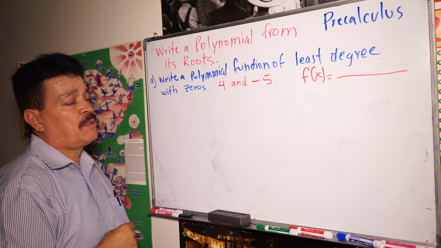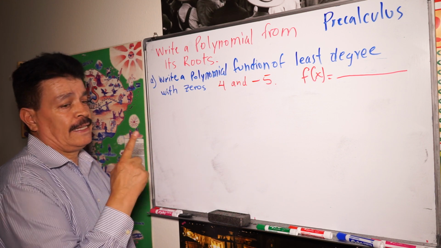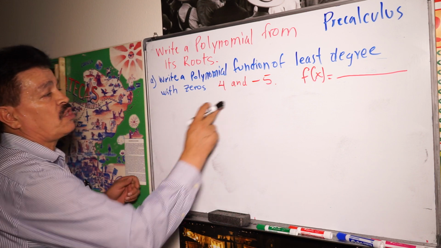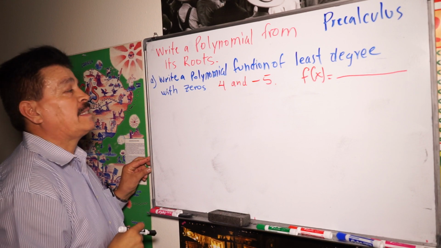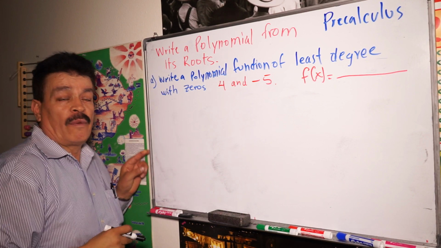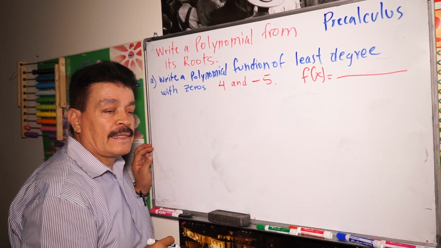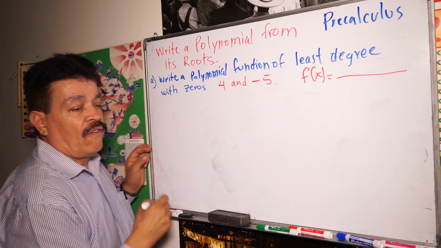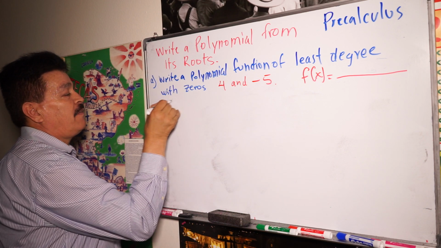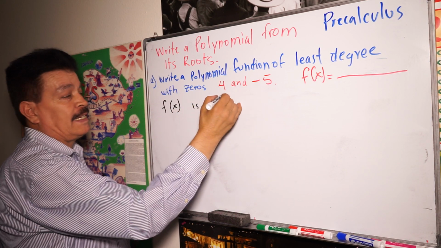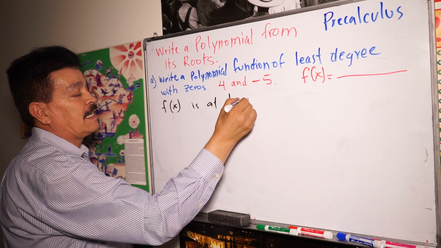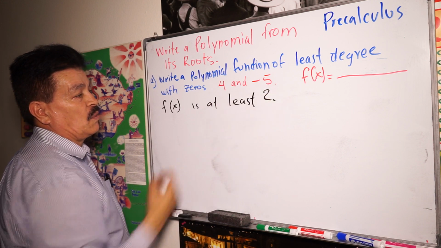Okay, so in this problem, since there are two zeros, the corollary of the fundamental theorem of algebra implies the degree of f(x) is at least 2.